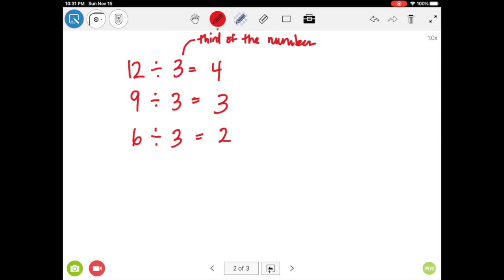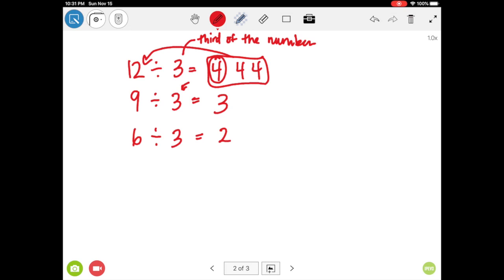So a third, or 12 divided by 3 is 4. 4 is 1/3 of 12, right? Because if I had 3 4s, 3 4s would give me 12. So 4 is 1/3 of 12. And when I divide 9 by 3, I'm basically taking a third of 9.